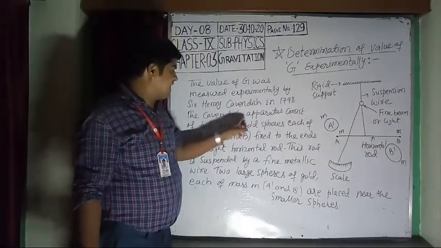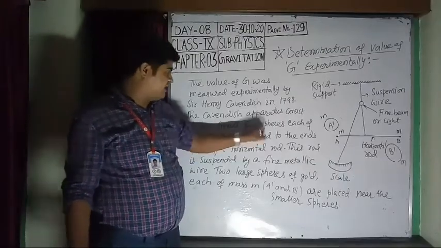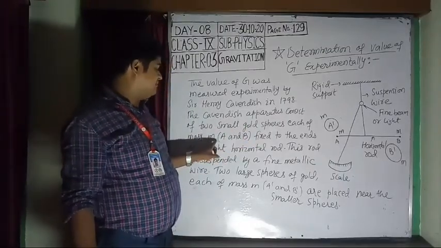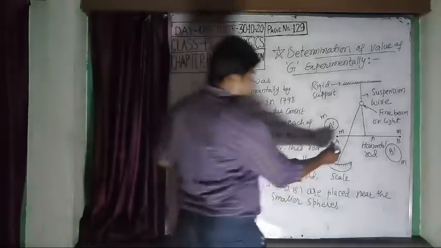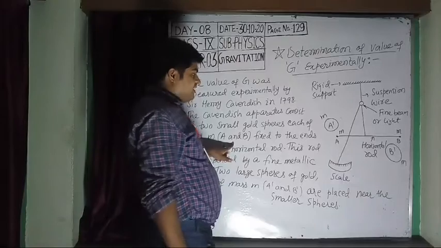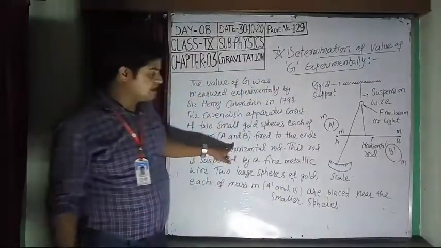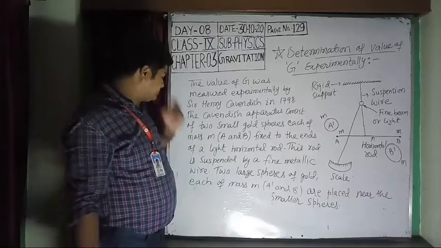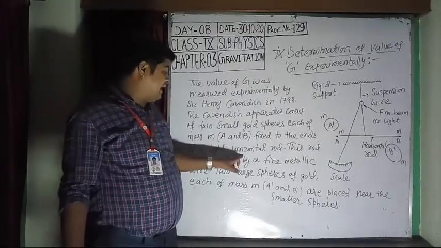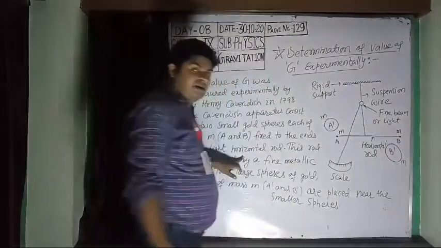The Cavendish apparatus consists of two small gold spheres, each of mass M, A and B. That means this is gold sphere A and B. These are small gold spheres, named A and B, each of mass M, fixed to the ends of a horizontal rod. Both small gold spheres are tied together by the horizontal rod.